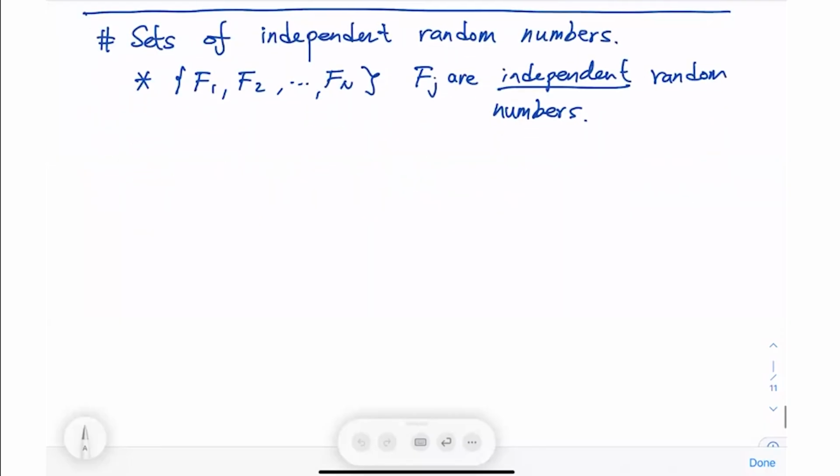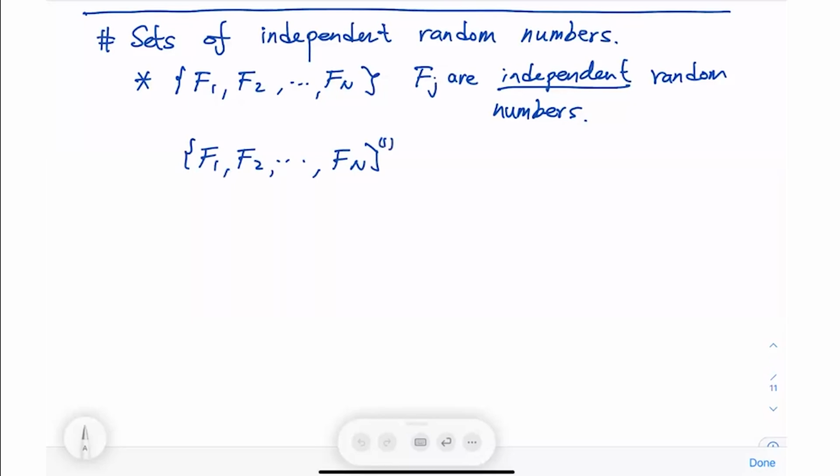Okay, at this moment, it still looks quite abstract. What do I mean by that? So let me just try to say a few words. Imagine that these f are derived by some random process. For example, you just toss a coin or you just toss a dice or something. Okay, so the outcome could be random. If you toss your coins or dice for n times, you'll get one result.